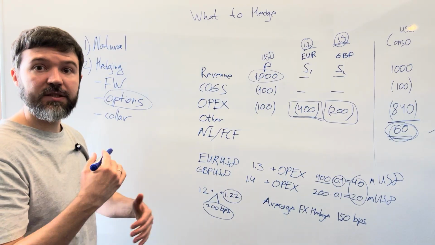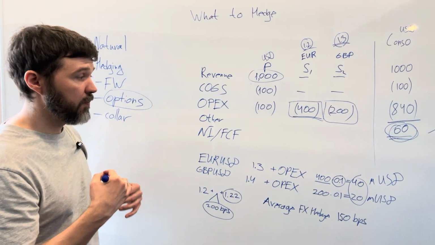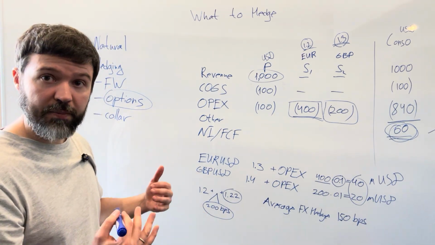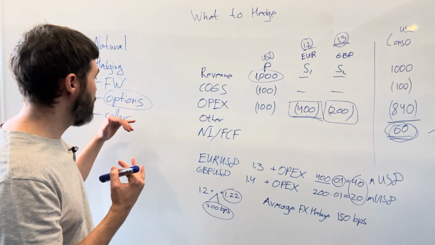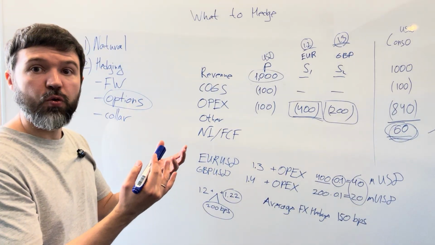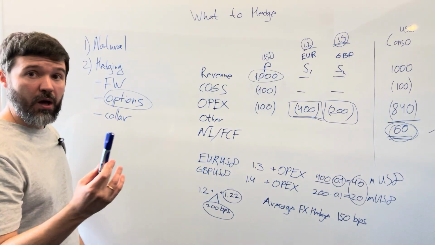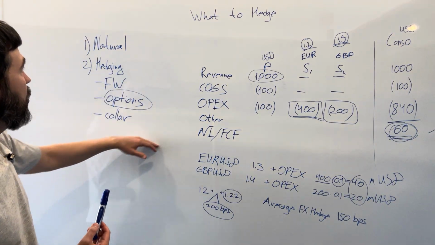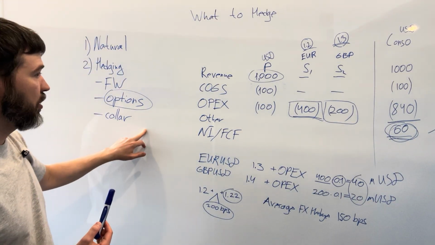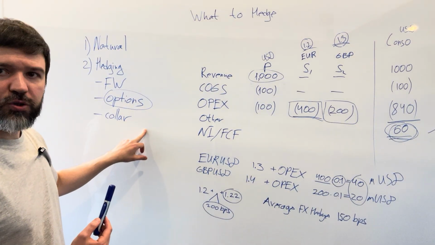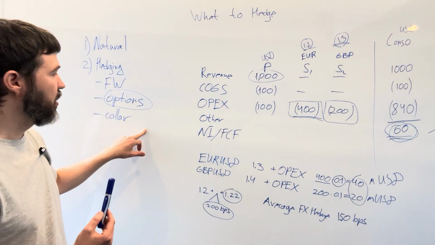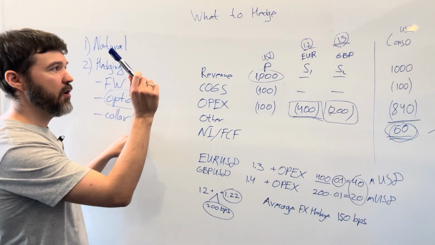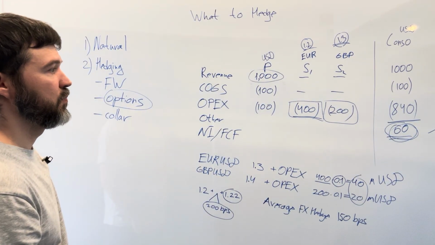So in that sense, you are decreasing your total premium. You receive premium for selling the put option, and you pay premium to buy the call option. Okay, these are the most commonly used instruments, principles to protect yourself against foreign currency exchange movements.